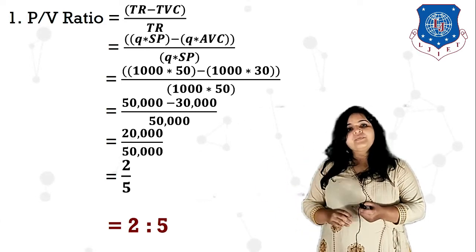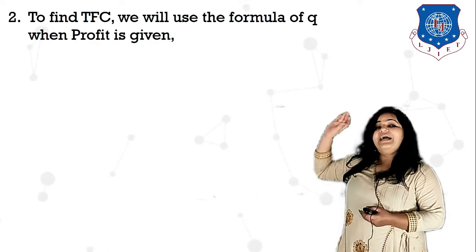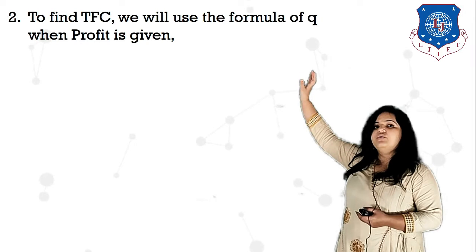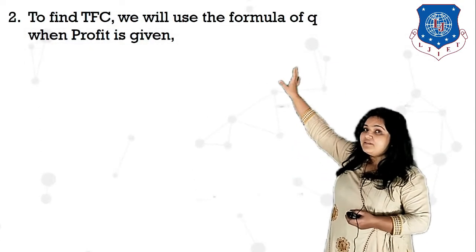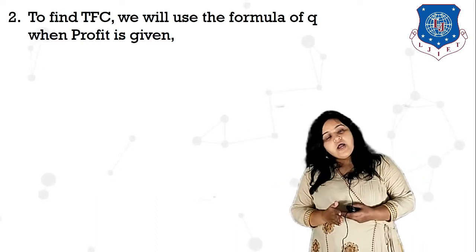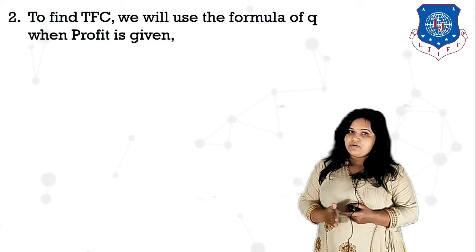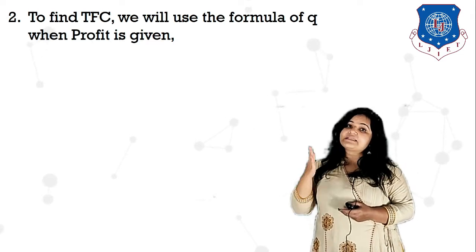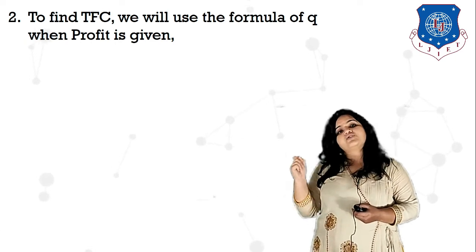The next question asked in the numerical is find TFC or total fixed cost in rupees. To find the total fixed cost, we will use the formula to find number of units when profit is given. If you remember, with other things in our numerical, the profit per unit is also given.